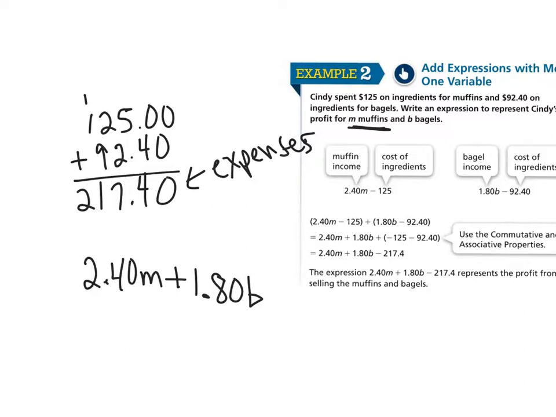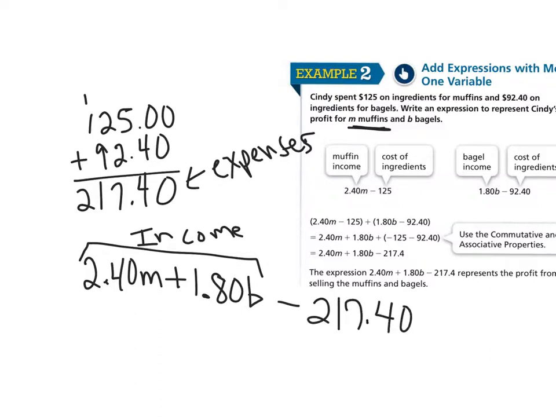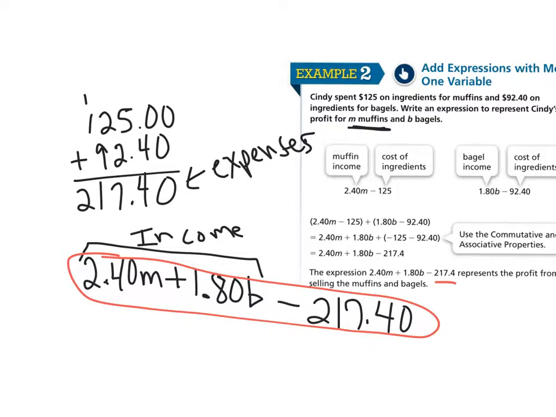That would be our income, is what that would represent. And again, for profit, we do income minus our expenses. So we would take that minus the $217.40. And you'll notice this is actually the same answer that the book has, other than they just put 217.4 instead of 217.40. Since we're talking about money, I'll go ahead and keep that 0 in the hundredths place there.